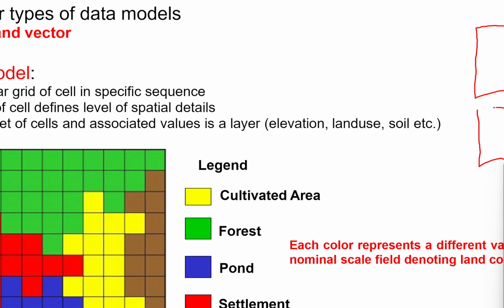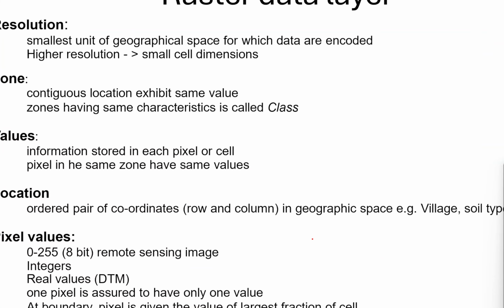Suppose this is earth, and this area is 1 by 1 kilometer, and in your image this is your cell. This particular cell is covering this 1 by 1 kilometer, so it is taking an image of this 1 by 1 kilometer. Whatever spatial area, the smallest unit area that the image is covering, is called resolution. So it is the smallest unit of geographical space in which the data is encoded.